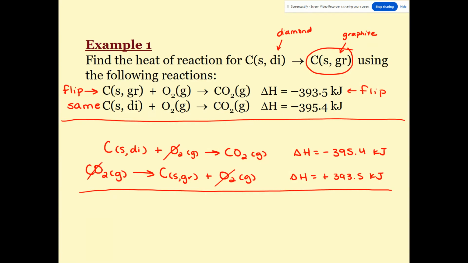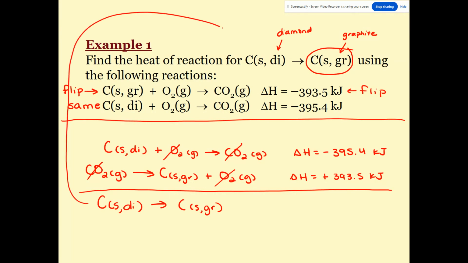Same with the carbon dioxides, reactant side and product side. So what I am left with is carbon solid diamond as my only reactant and carbon solid graphite as my only product. And that matches the net reaction that we wanted. So that means I have done my manipulations correctly.